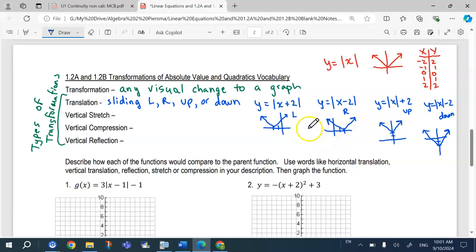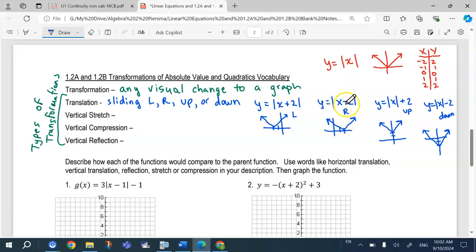The reason that these inside ones are backwards is we can imagine what happens when we plug in -2. If I plug in -2 into this, I actually get 0. So that's why the vertex of the V shape is here. Just like the vertex of the original V shape is at 0, 0. So when I plug in 0, that makes it 0, so that's where the vertex is.